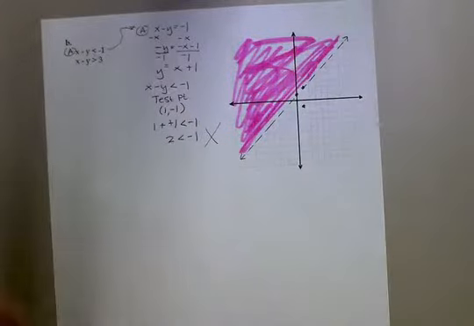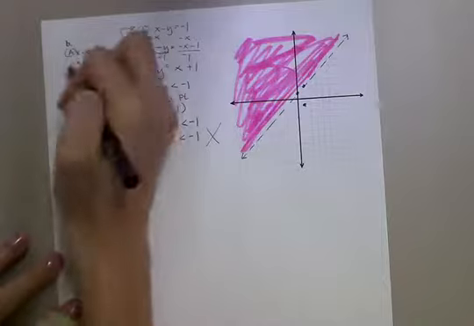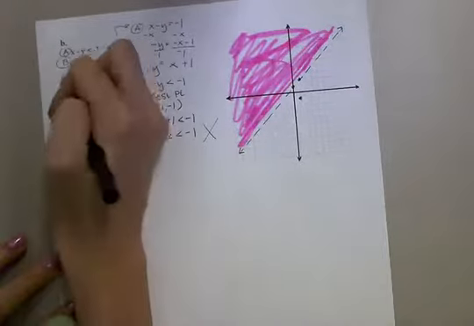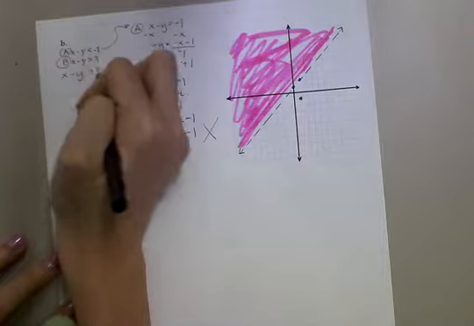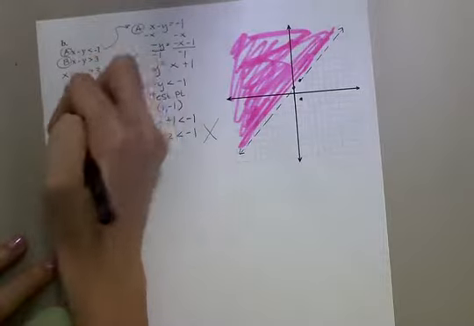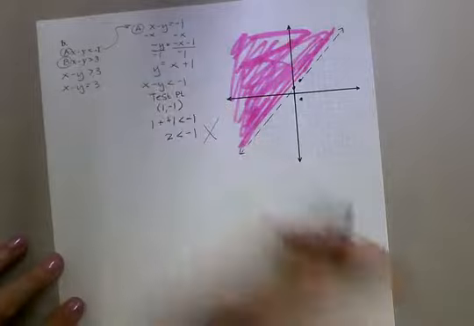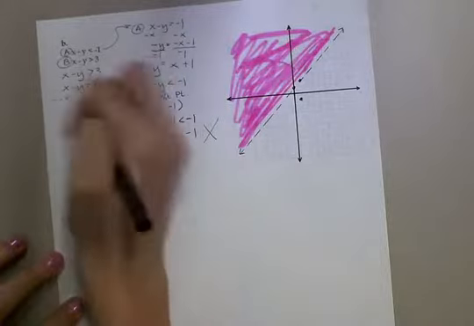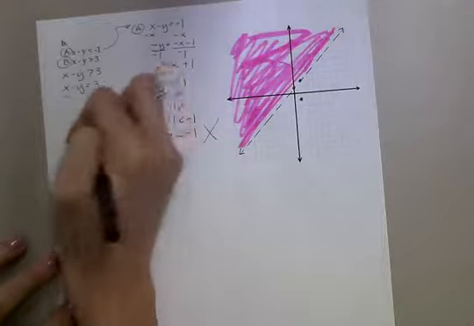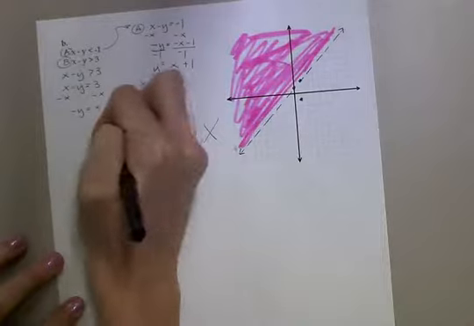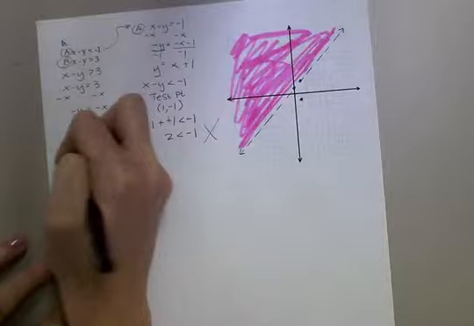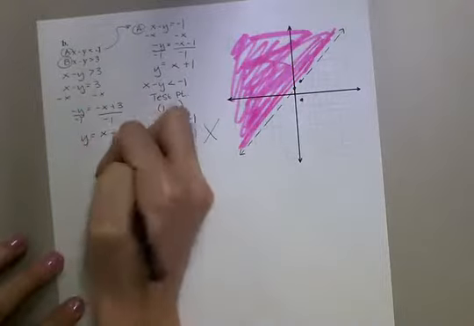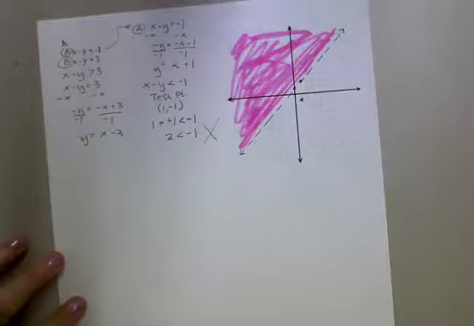All right, let's go ahead and look at our second inequality. Let's graph it. So we treat the inequality as if it were an equation. And let's put that equation into slope-intercept form so we can more easily graph it. Okay, simplify. We end up with y equals x minus 3.